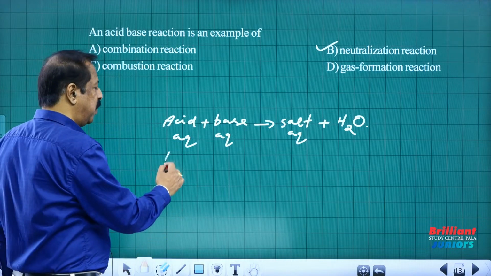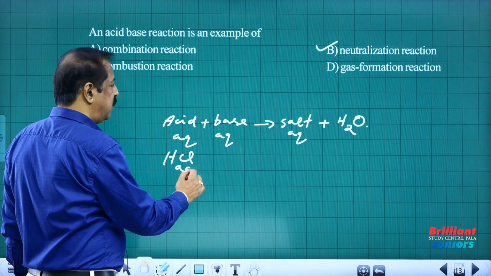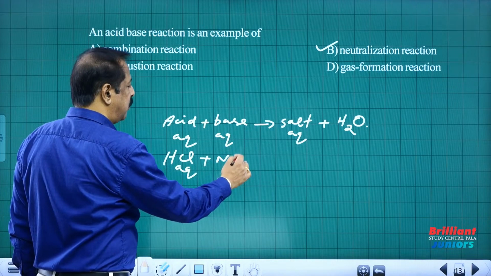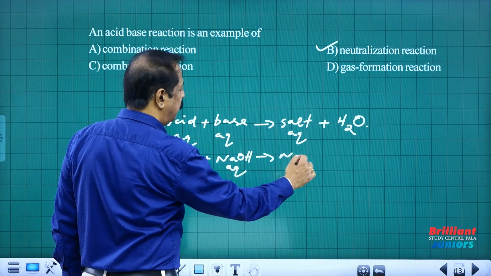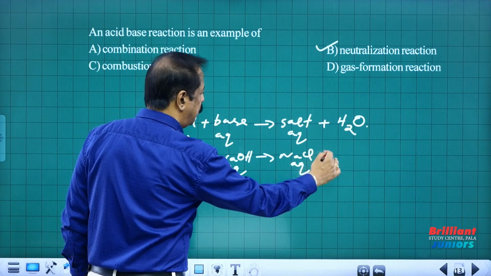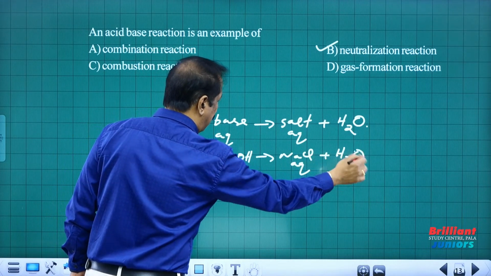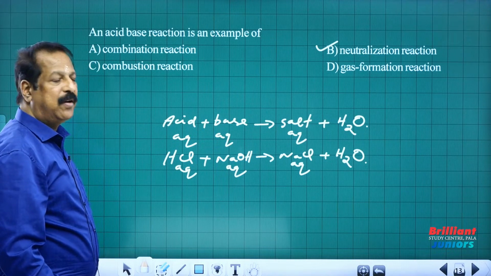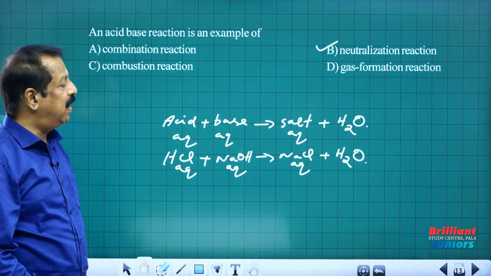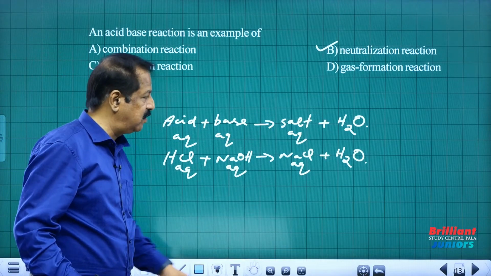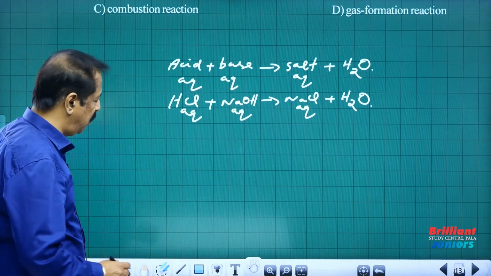So I'll give you two examples. HCl aqueous plus NaOH aqueous. The product is NaCl aqueous plus H2O. Hydrochloric acid combined with the sodium hydroxide solution to give NaCl and water. So this is an example of a neutralization reaction.